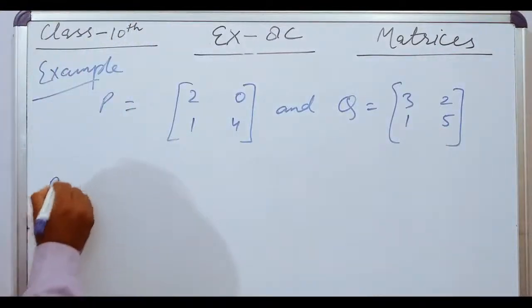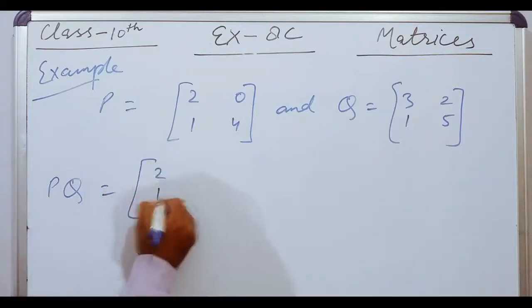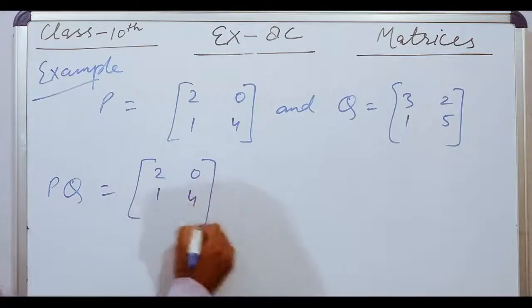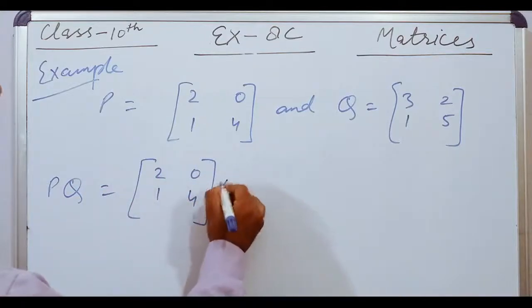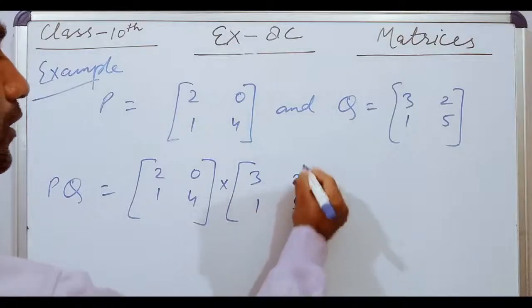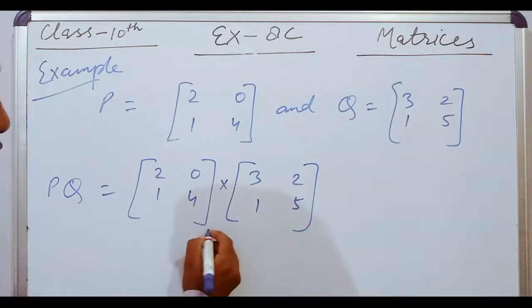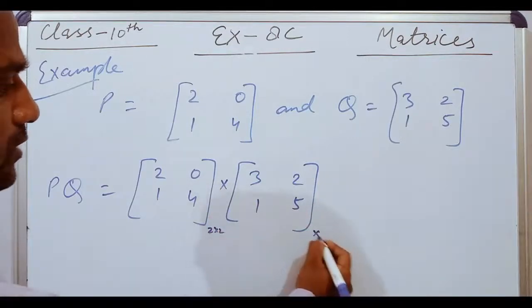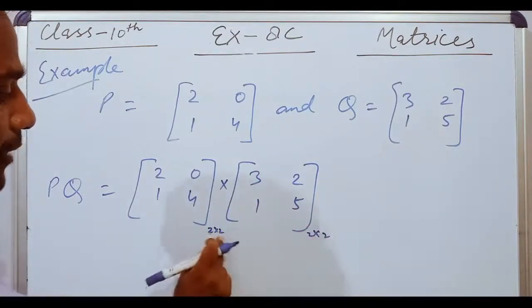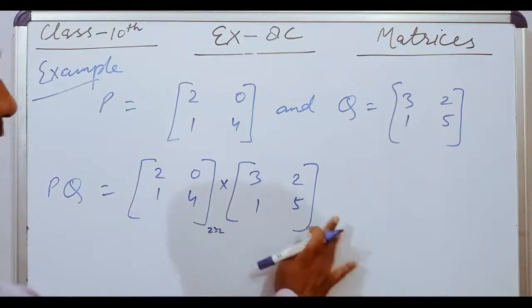So PQ equals [2 0; 1 4] into [3 2; 1 5]. Now this is 2 by 2 and this is 2 by 2. So the number of columns is 2 and the number of rows is 2, so we can multiply.